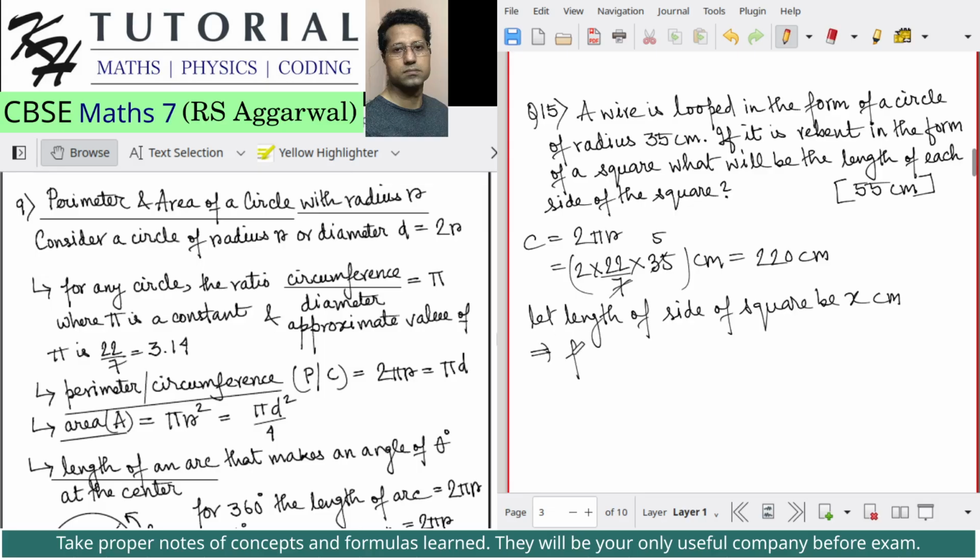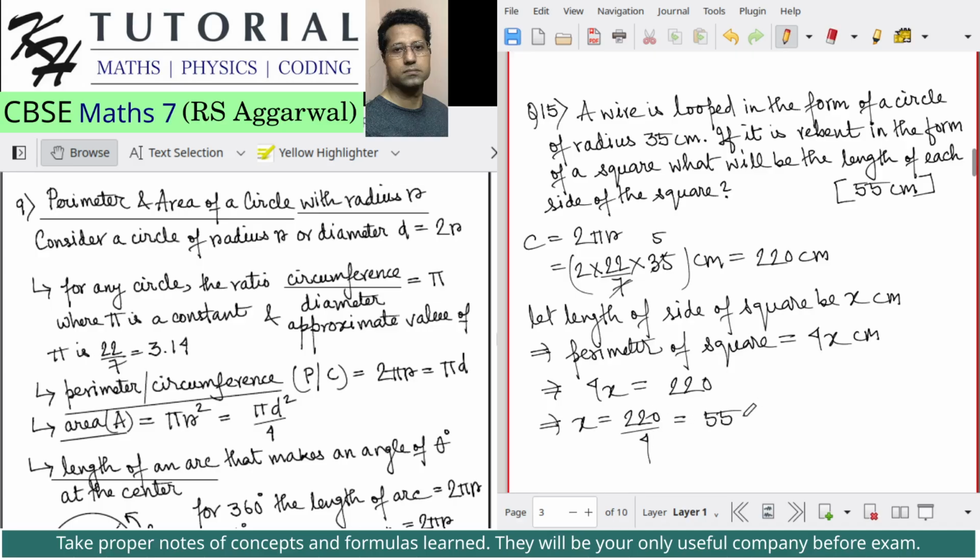So this implies perimeter of square is equal to, we know, 4x centimeter. So the perimeter of the square will be equal to the circumference of the circle. So we must have 4x is equal to 220. So this implies x is equal to 220 divided by 4, which is equal to 55.